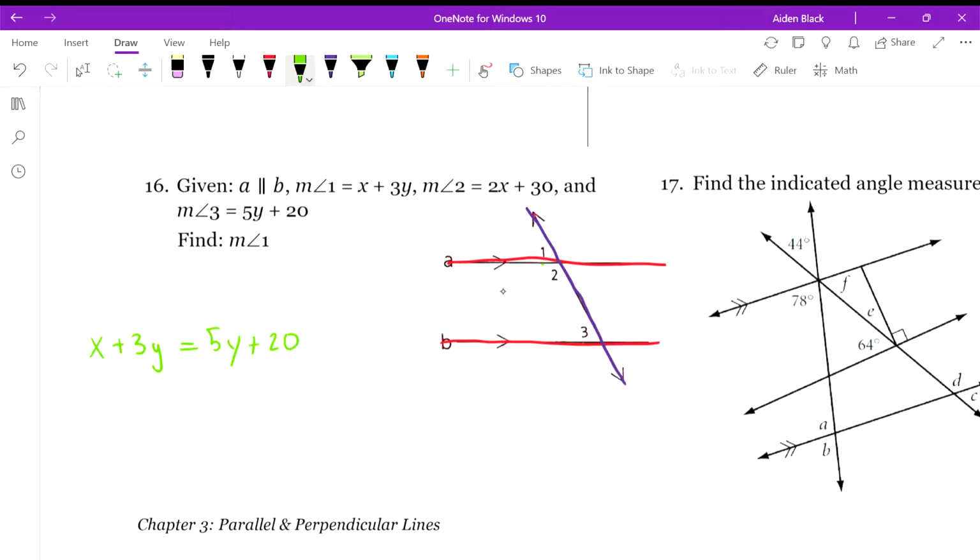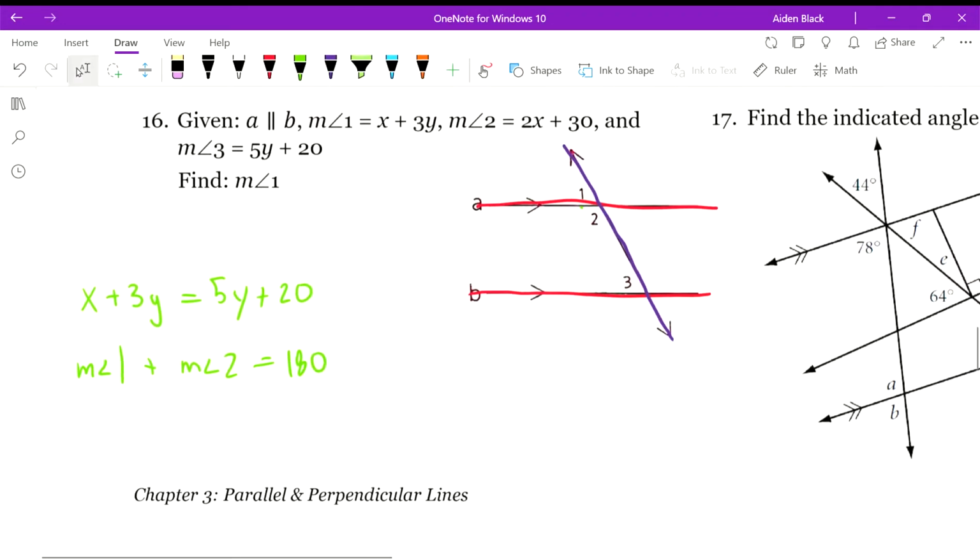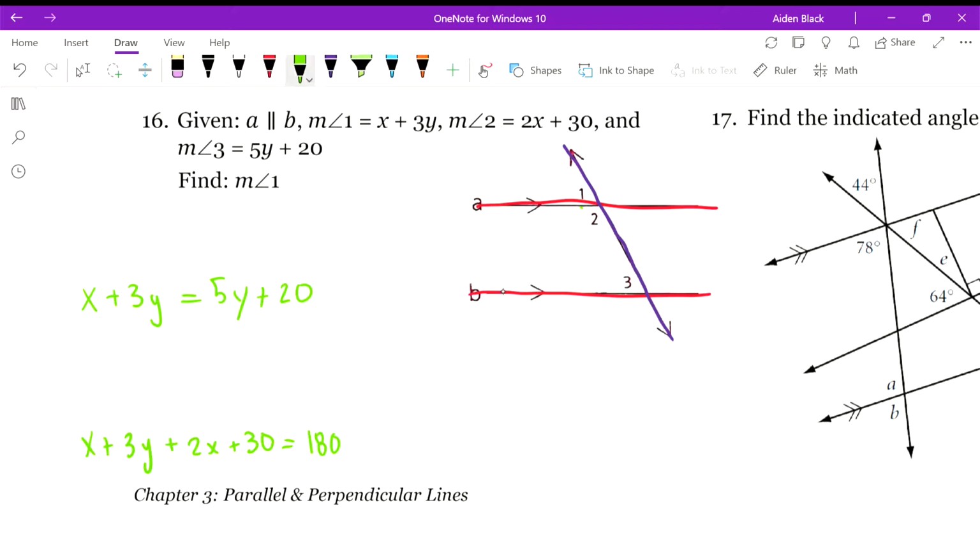So the measure of angle 1 plus the measure of angle 2 equals 180. By the linear pair postulate, x plus 3y plus 2x plus 30 equals 180. Did I write that okay? Yeah, I wrote that all good.